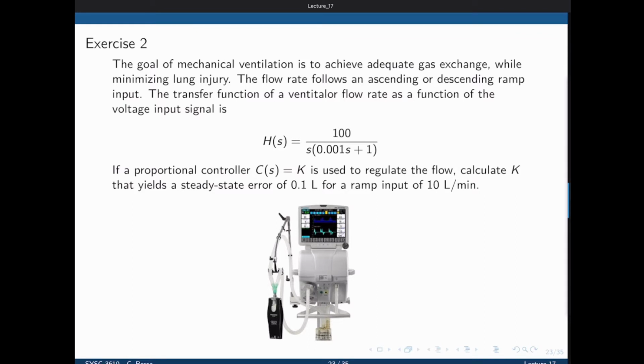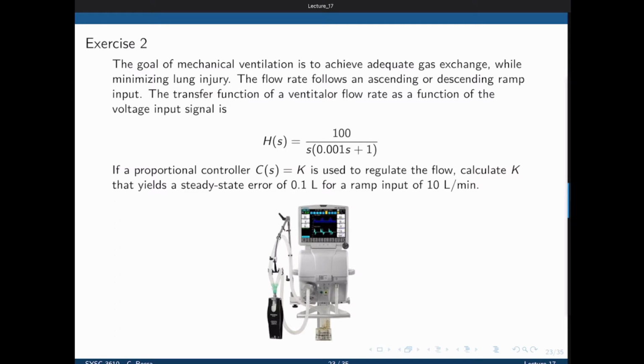So this example is a bit different. We have a mechanical ventilator, and the objective here is to achieve adequate gas exchange while minimizing lung injury. So we need to be very careful with the transient and the steady state value of the airflow and air pressure, both the quantity of air and the pressure at any instant in time.